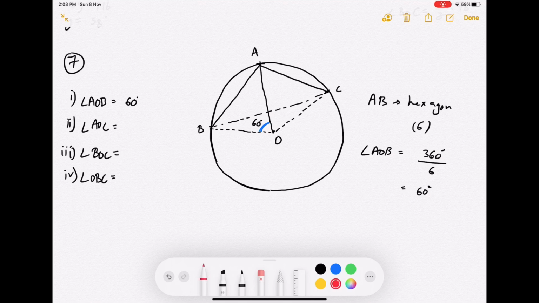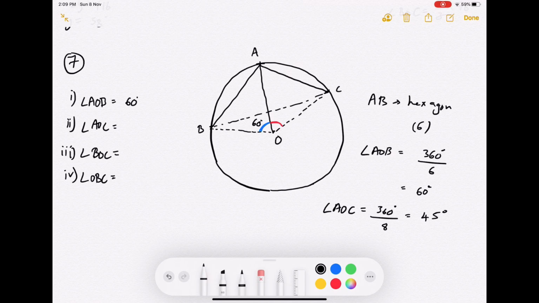Then the next angle is angle AOC. Now AOC is the angle subtended by chord AC, and chord AC is a side of a regular 8-sided polygon. Therefore the angle subtended by chord AC, which is angle AOC, is equal to 360 degrees divided by 8. If I divide 360 by 8, I should get 180 by 4, 90 by 2, 45 degrees, right?